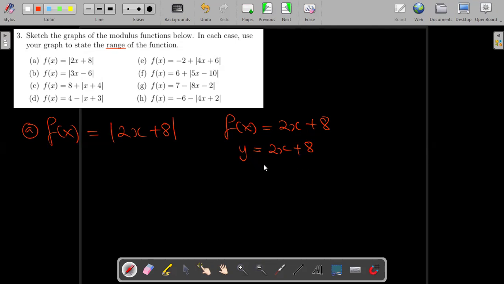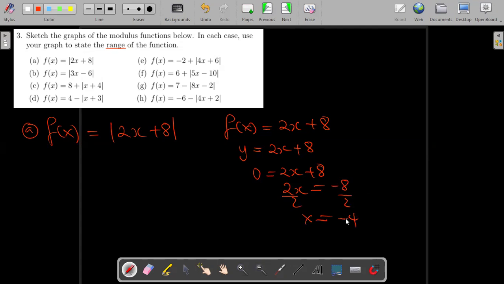First of all, the x-intercept. The x-intercept is the point at which y is 0. So I make y equal to 0, so that I have 2x plus 8 equals 0, which means 2x equals negative 8, and dividing by 2, I get x equals negative 4.